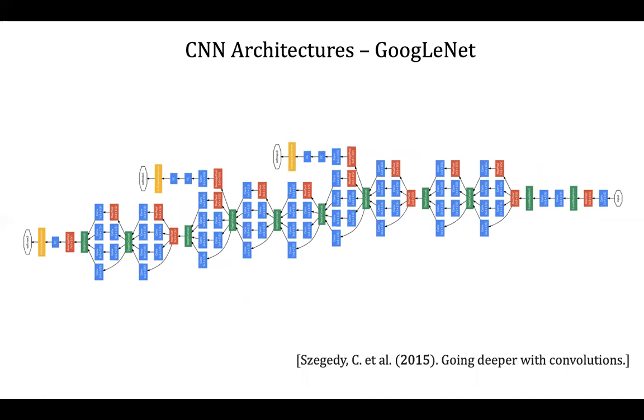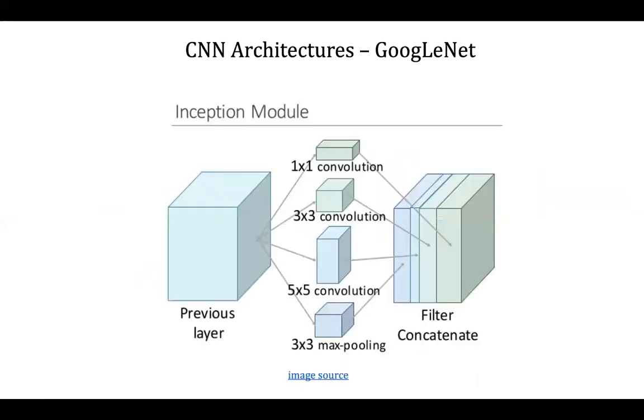This architecture is interesting because it has the so-called inception module. The idea behind it is that, as somebody asked, how do you choose these hyperparameters? One of the most important hyperparameters is the kernel size. For some tasks, a smaller kernel size will work better, and for some tasks, a larger kernel size will work better. So researchers have been trying to combine them and see which one works better.